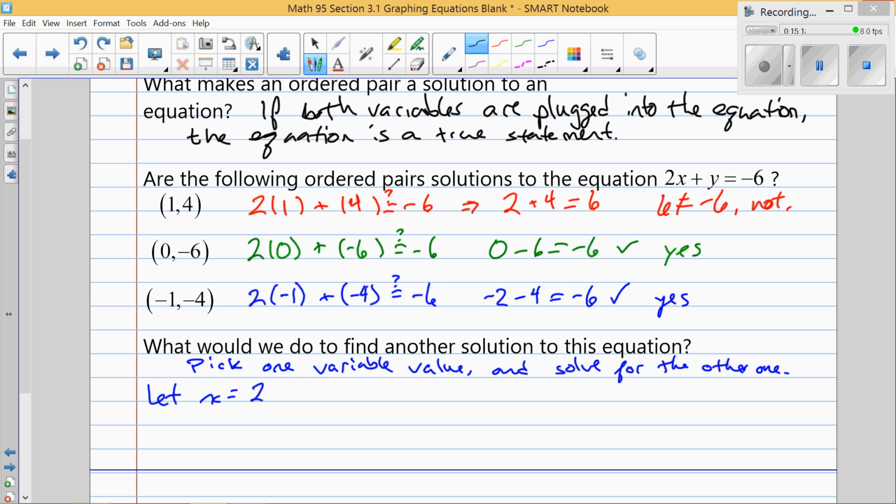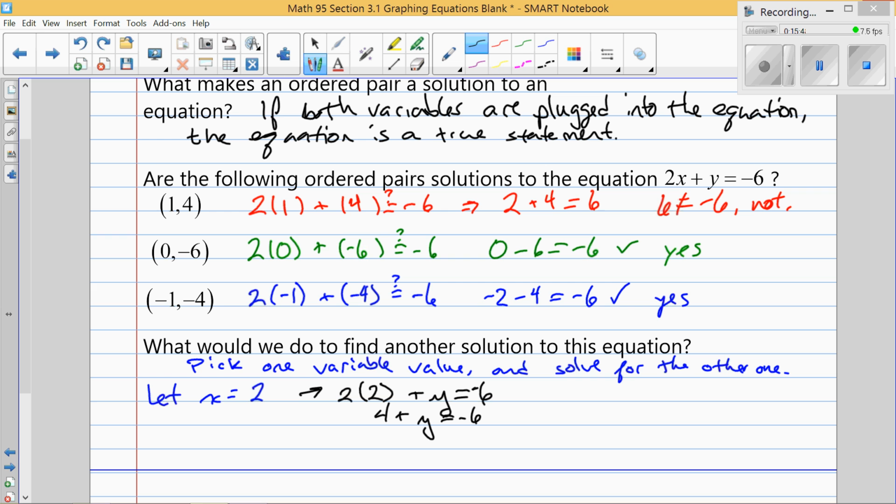If I let x equal 2, then I end up with 2 times 2 plus, and I still don't know my y value, equals -6. Now notice I almost forgot my negative sign there. You will probably do the same thing every once in a while. I'm going to do just a little bit of algebra here. 2 times 2 is 4. 4 plus y equals -6.